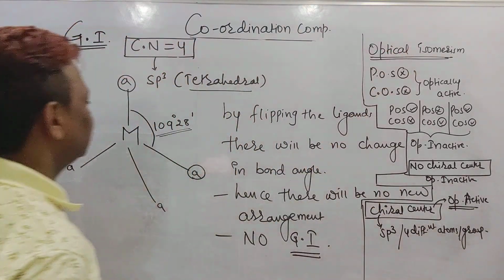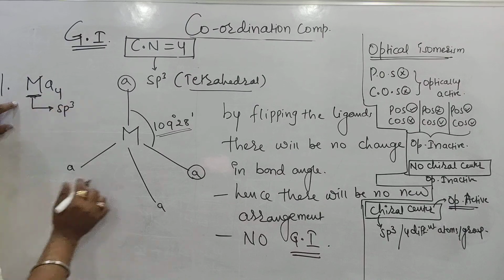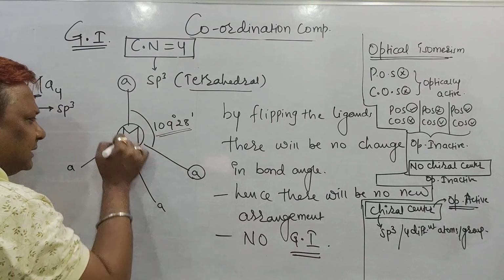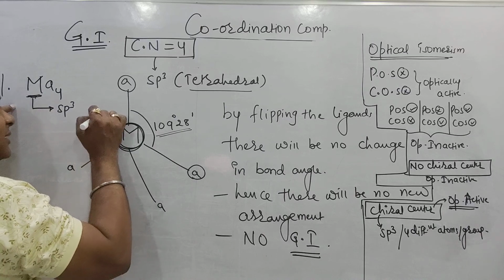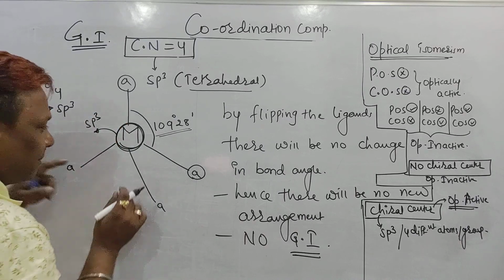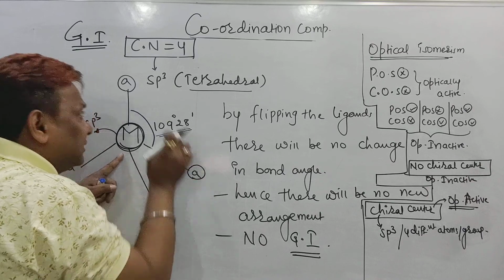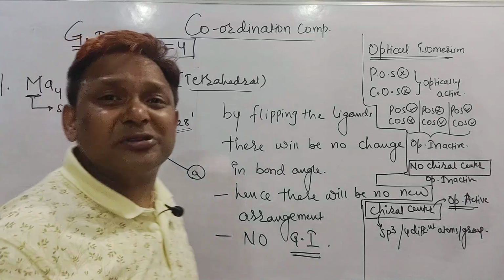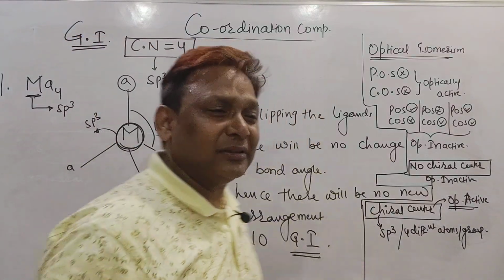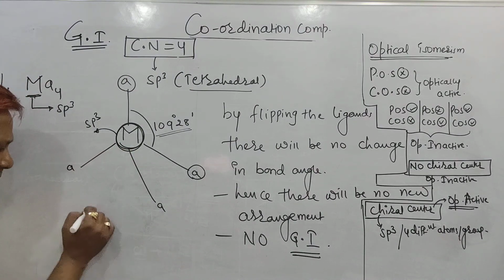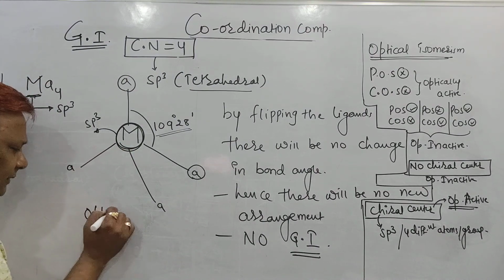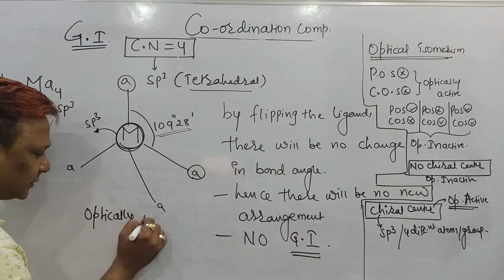Now check it here. Sir, this is a complex Ma4. Does this central atom M have sp3 hybridization? Yes sir, it has sp3. But is this central atom bonded with 4 different atoms? No sir, it is not bonded with 4 different atoms. That means I can say this complex compound is optically inactive.